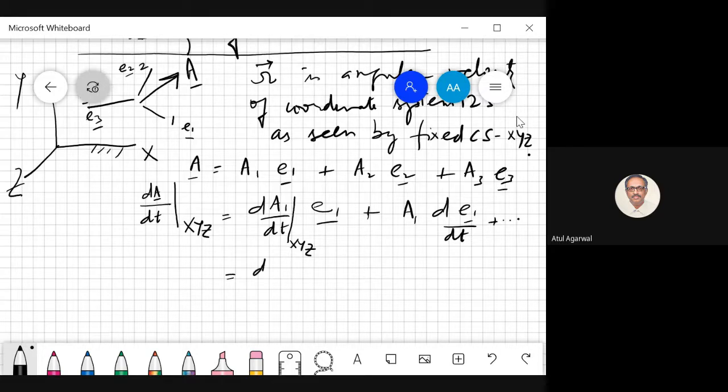So you can say this is only dA1 by dt in the 1, 2, 3 system, plus A1 times the time derivative of vector E1. Now vector E1 is rotating with angular velocity omega. So this will be nothing but omega cross E1, plus other terms.